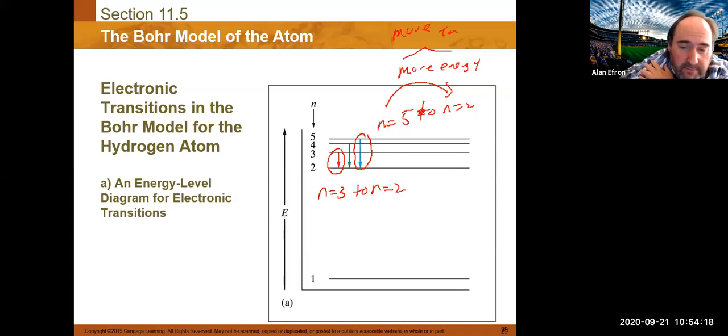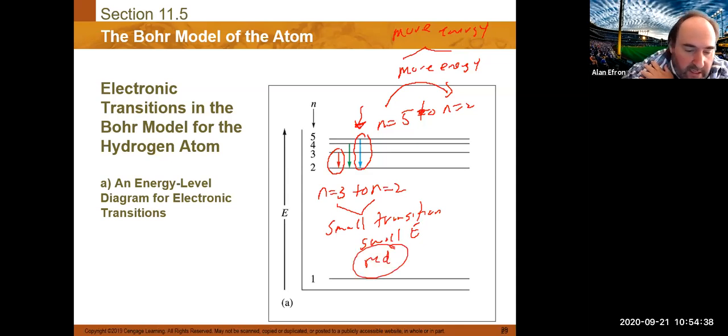And that would also mean that we would see a color closer to the violet side of the visible part of the spectrum, which we do here, which is that blue line, as opposed to this one. This is a very small transition in terms of energy. So smaller in energy, and as we can see here, we would expect it closer to that red color.